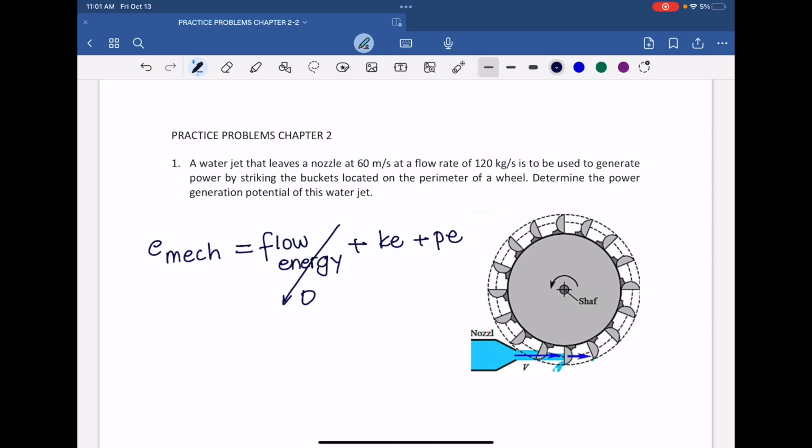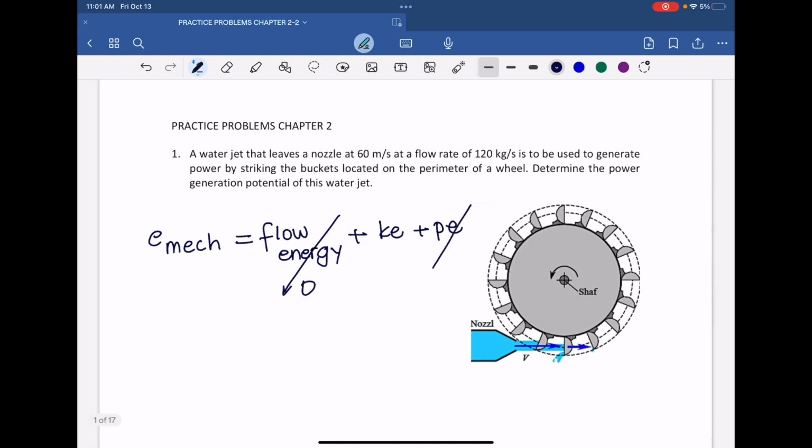And potential energy is also not an energy here that is capable of rotating the shaft. The only form of mechanical energy that is capable of rotating the shaft seems like the kinetic energy. It has a significant contribution. And therefore the problem statement only gives us the velocity of that water jet.